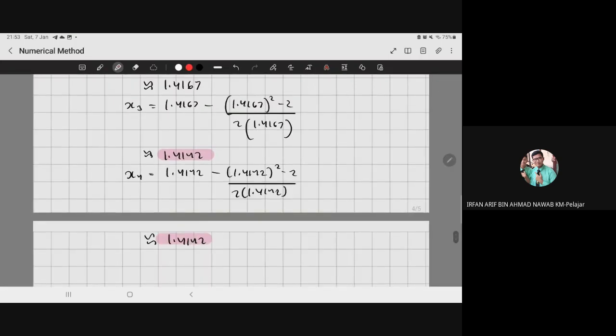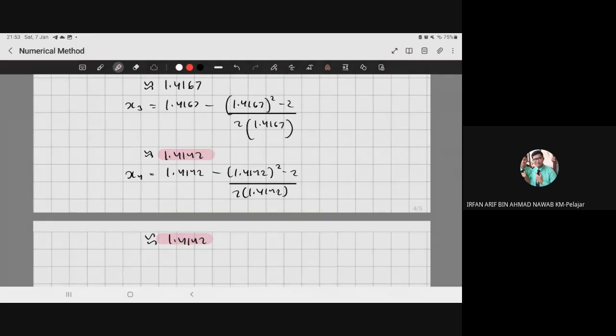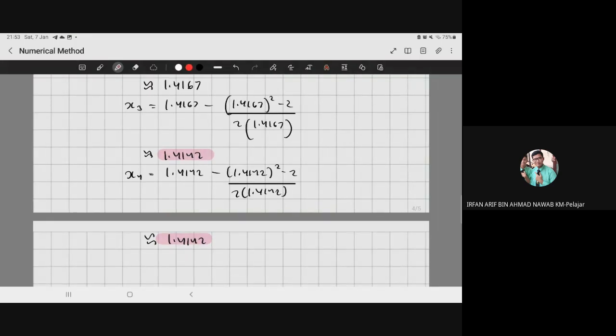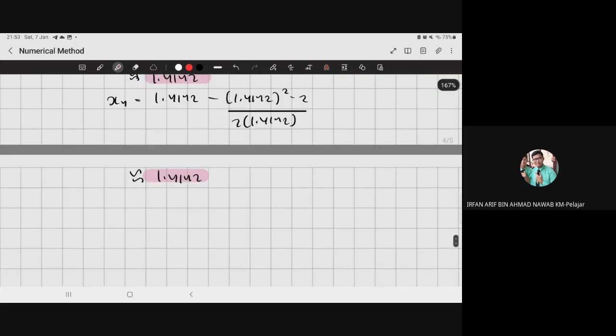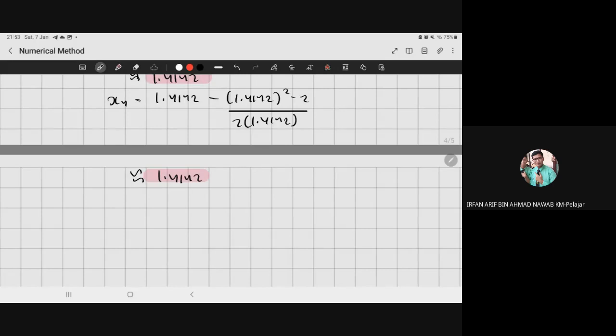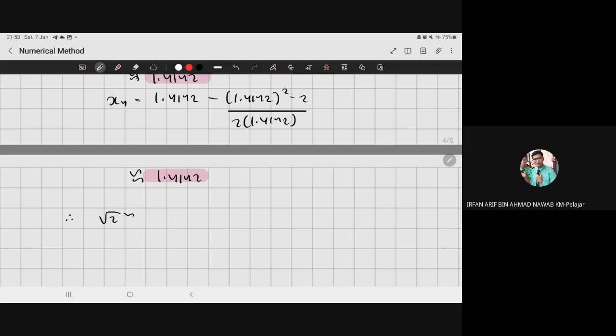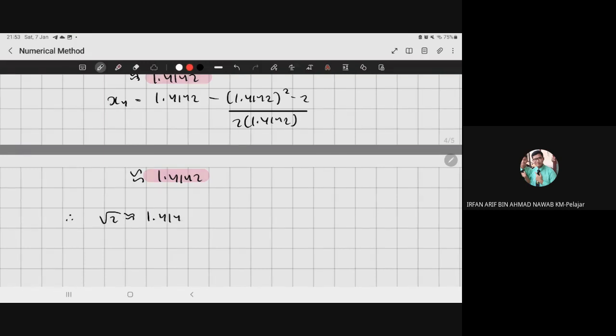Therefore, do you need to continue on? No. Just stop from there and be happy about it, because that's about it that you have to find your roots. So in a nutshell, you conclude that the square root of 2 is approximately 1.4142.